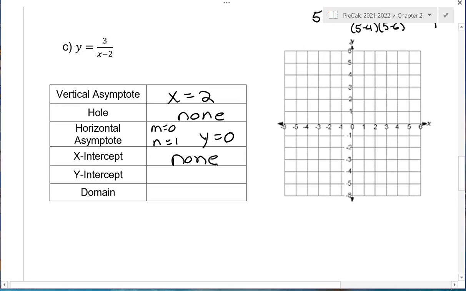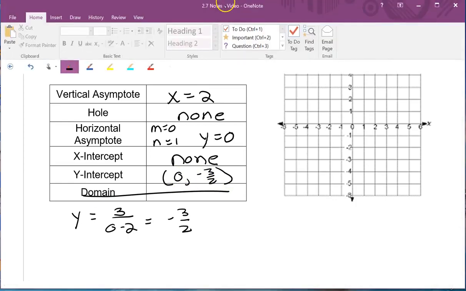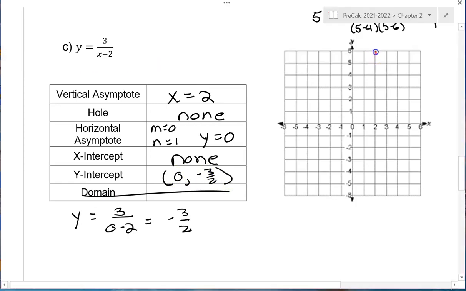Y-intercept, plug in 0 for x. So then y is going to be 3 over 0 minus 2. I get a negative 3 halves. So 0, negative 3 halves. We're not going to do domain. All right, let's plot our asymptotes. I have one at x equals 2.